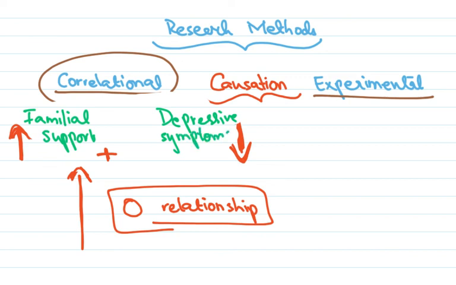And let's suppose you find that as familial support increases, depressive symptoms in individuals decrease. Now, that is still a relationship. That still tells you that familial support and depressive symptoms in adolescents are related. Do you see that? So a negative relationship is still a relationship. It just shows you the direction of the relationship.